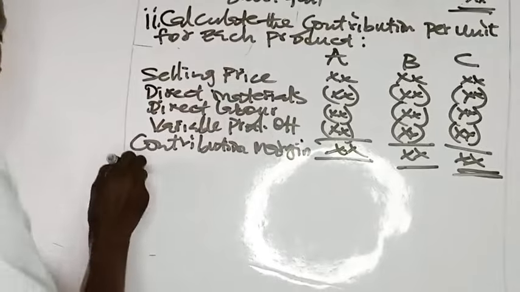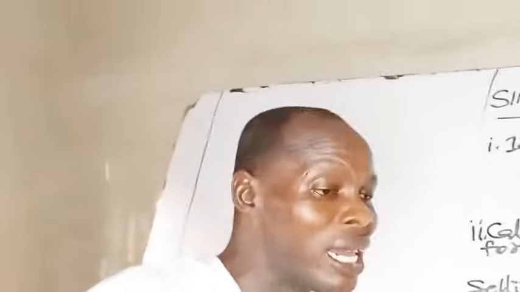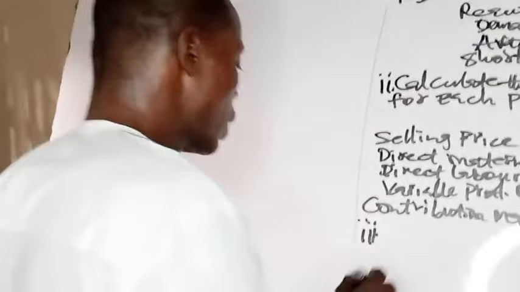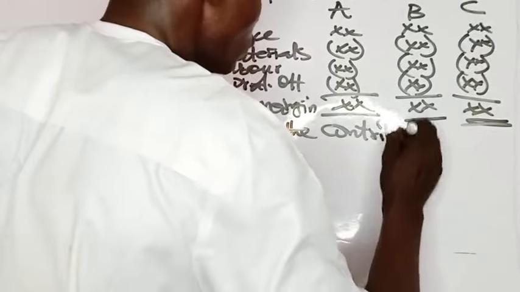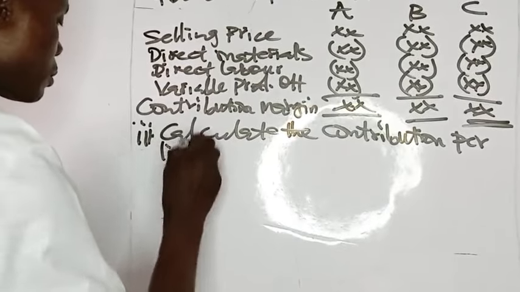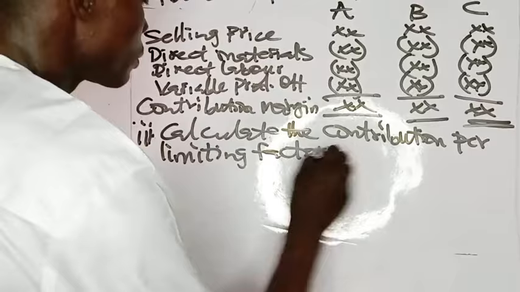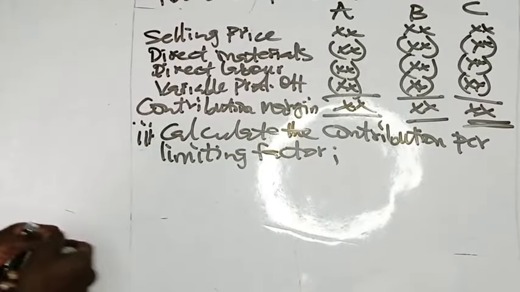After your contribution margin, the third step is to calculate the contribution per limiting factor for each product. How do you do that?